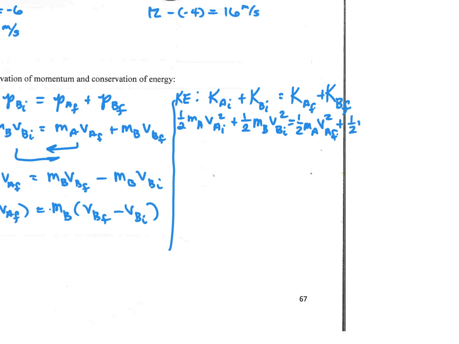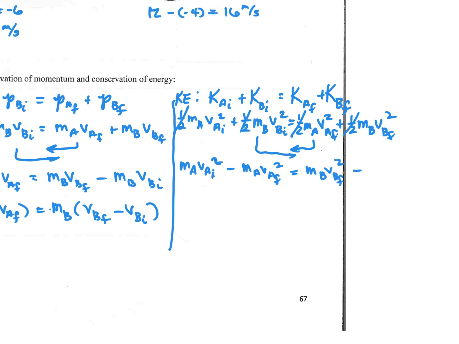Going to do the same thing again. Going to get our M sub A's on one side and our M sub B's on the other side. First thing I'm going to do is get rid of all these 1/2s because they're all the same, aren't they? So now, M sub A V sub A initial squared minus M sub A V sub A final squared equals M sub B V sub B final squared minus M sub B V sub B initial squared.